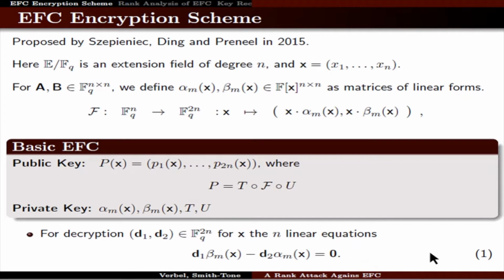It also has a weakness because the rank of the central map is low. The rank is 2, and that also allows the direct attack, trying to invert the public key, trying to find a pre-image of the public key, to be very quick.